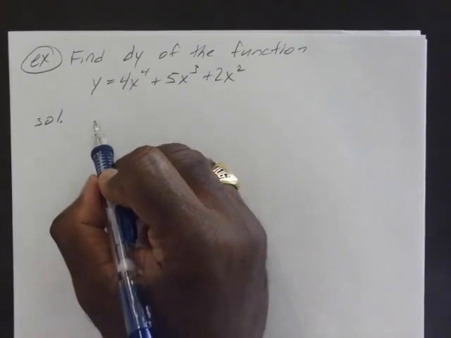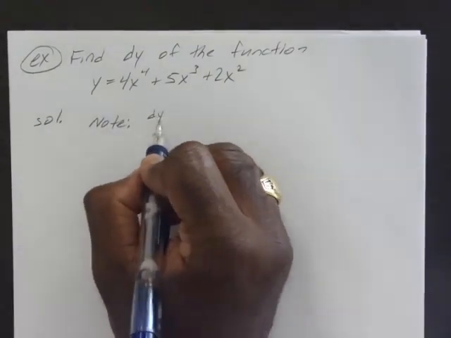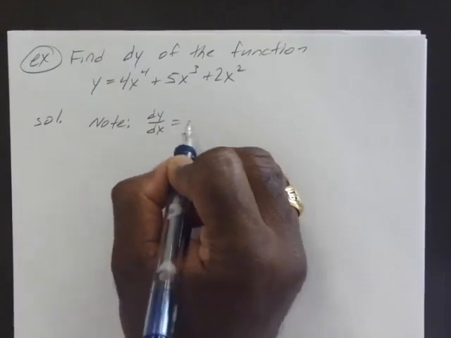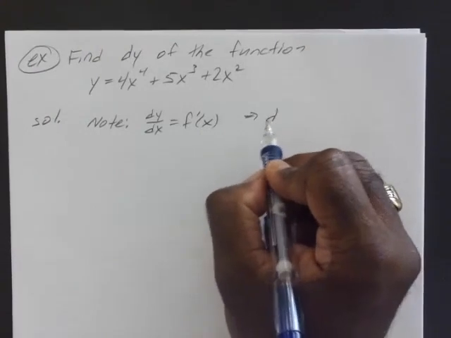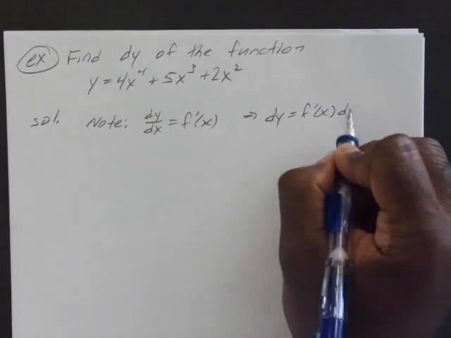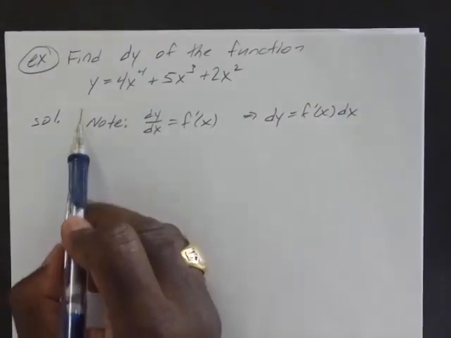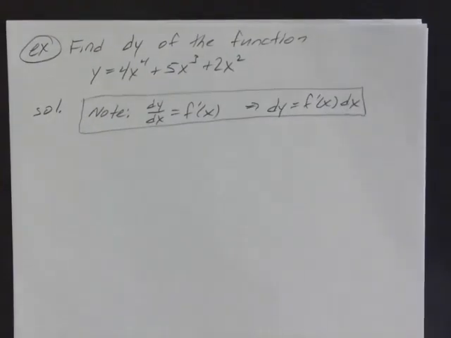Okay. So again, all you have to do is just remember that your derivative of y with respect to x equals f prime of x. And our dy is just f prime of x dx. Okay.